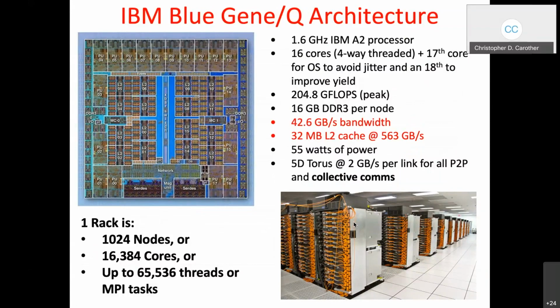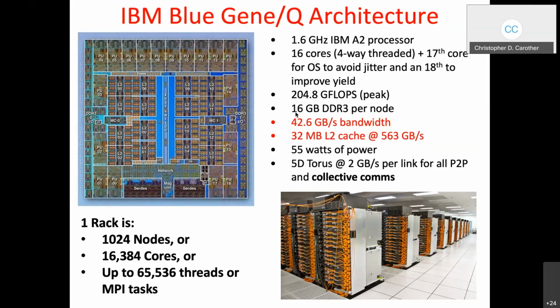The Blue Genes in previous generations were known for maybe not having enough memory per node. The memory bandwidth was actually pretty good, but the main point that actually happened with these systems, and this is another point where we got super linear performance, which I'll talk more about, is there was 32 megabytes of cache running at over half a terabyte a second.